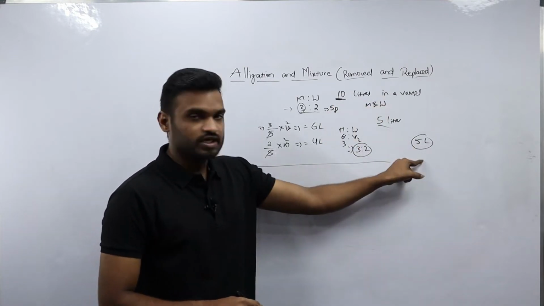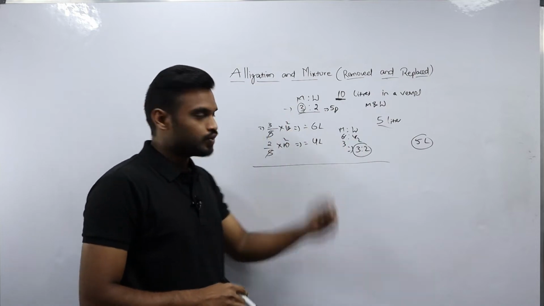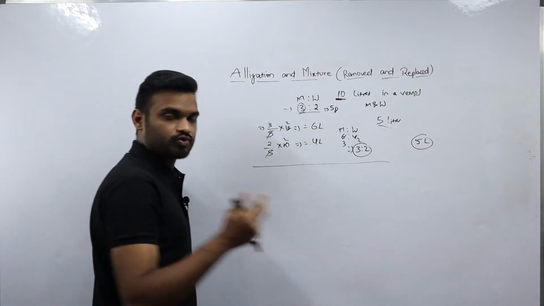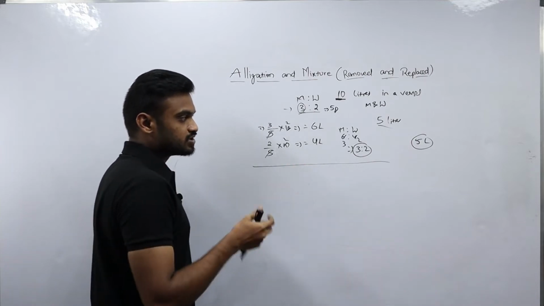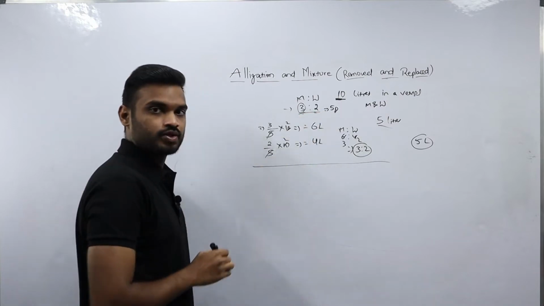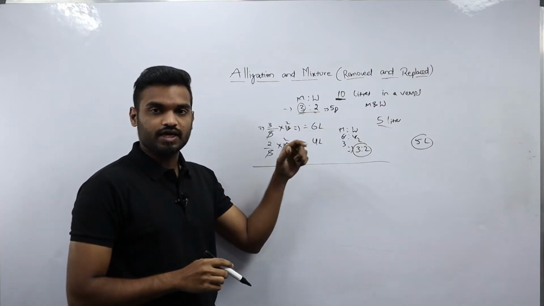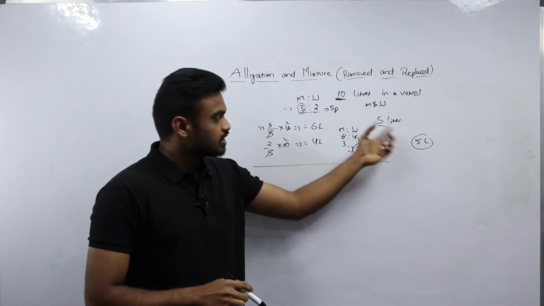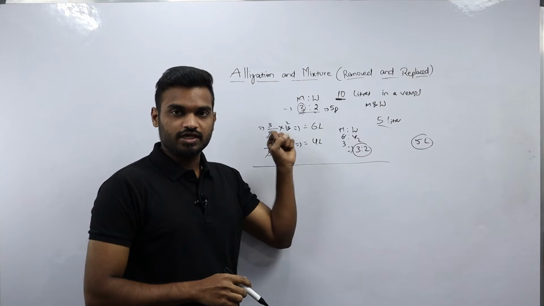In this 5 liters there is a mixture of milk and water. Now 5 liters are removed from the quantity, right? So in this removed 5 liters, how many liters of milk are removed and how many liters of water are removed? If I find that out, I can find what is the remaining ratio of the mixture. Out of 10 liters, from the mixture I am taking out 5 liters, right?